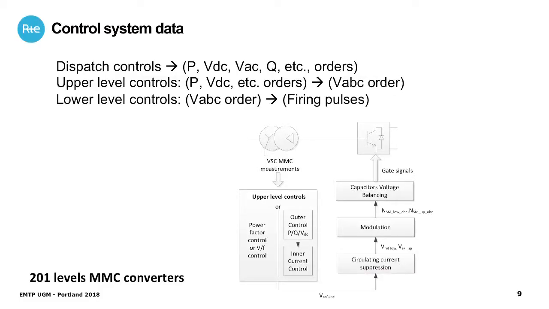Control system data is really classical, and there is no new development here compared with the previous DC grid system. So you have the classical upper level control that provides the voltage reference for each phase of the converter, and some low level control to suppress the circulating current, to do modulation and balance the capacitor voltage.